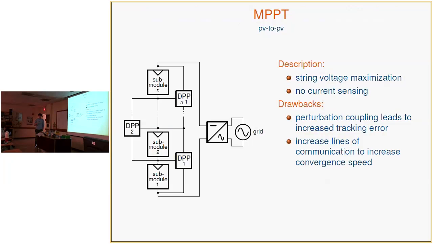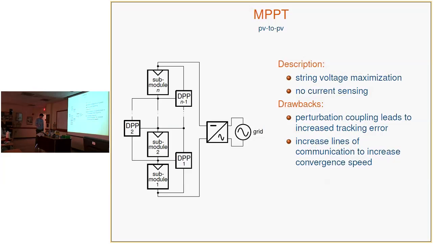You increase redundancy to increase the convergence speed, and also the perturbation coupling leads to increased tracking error. When one DPP perturbs, its power processed changes, and that has to come from somewhere, and that affects all of the power processed by all the other DPPs in the string because it's tightly coupled, and that in effect affects the states of all of the submodules in the string.